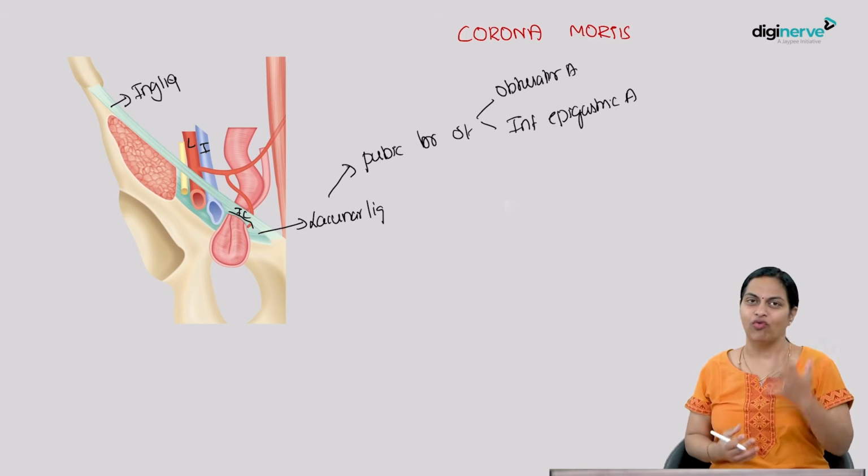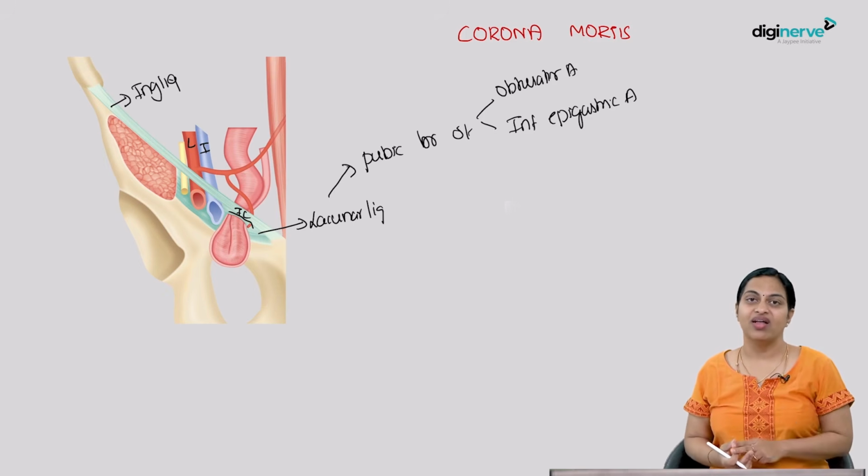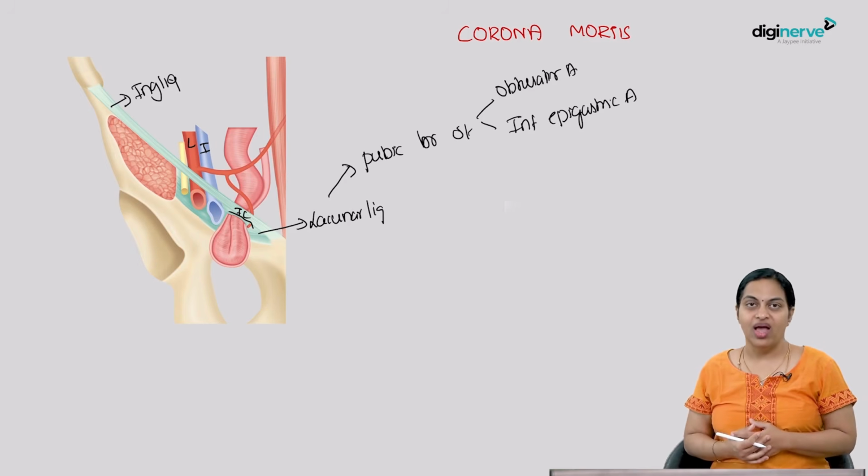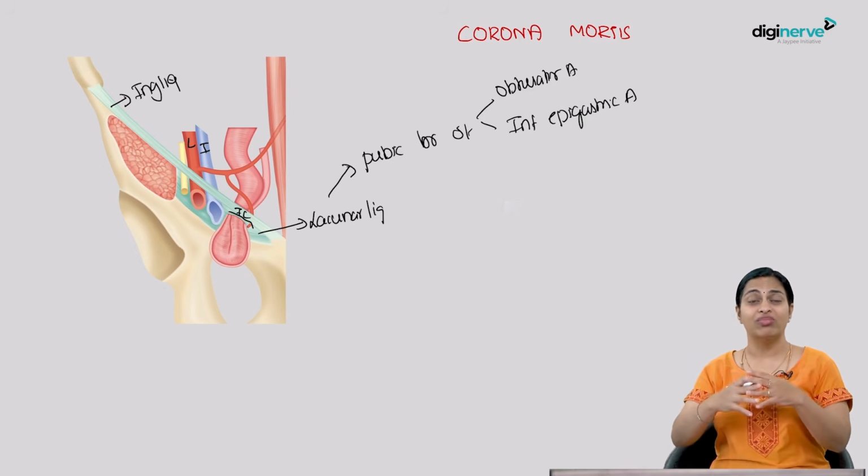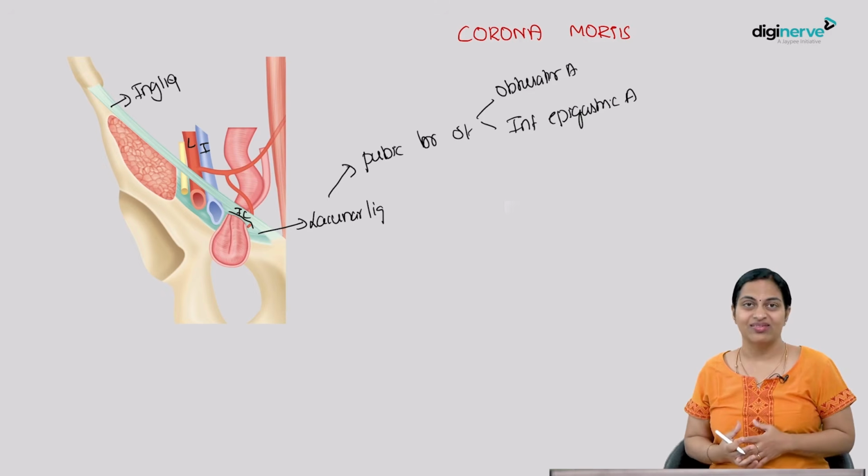You people tend to forget it again and again. The external iliac artery gives rise to two branches, the deep circumflex iliac artery and the inferior epigastric artery. So over the lacunar ligament, there is an anastomosis between the pubic branch of the obturator artery and the pubic branch of the inferior epigastric artery. Okay, and sometimes one of these pubic branches can be abnormally enlarged, right?